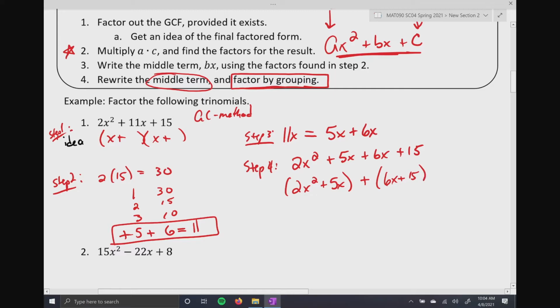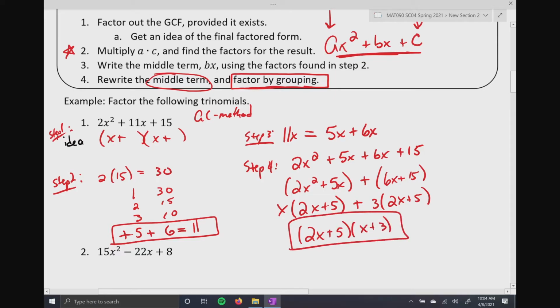I can factor out my mini GCFs. And then I can factor out the common binomial. And there's my factored form for 2x squared plus 11x plus 15.